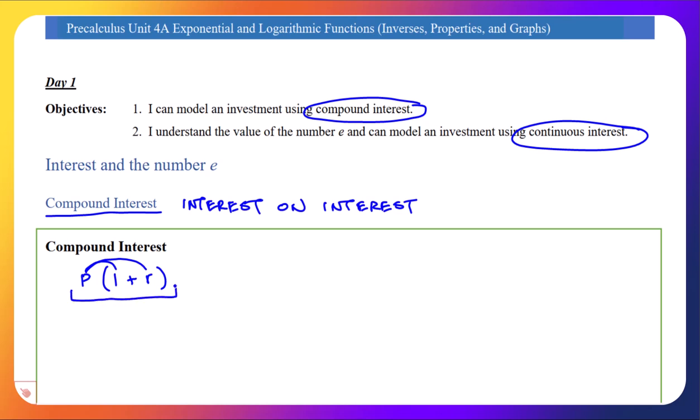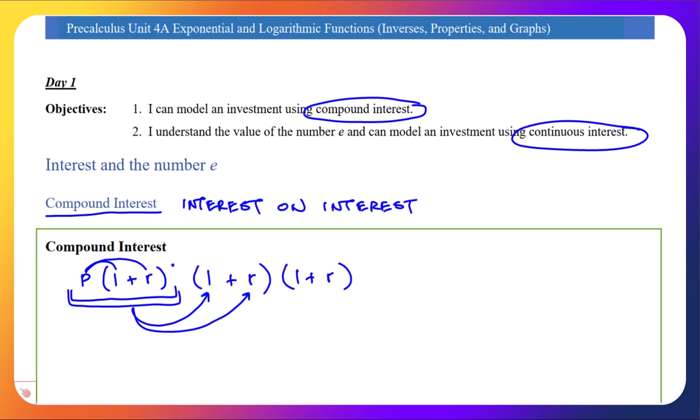For the next year, I start with this, don't I? And I multiply by 1 plus R. That'll give me the money back that I started with, plus R, the interest. And if I keep doing that year after year after year, do you see that I have interest on interest?